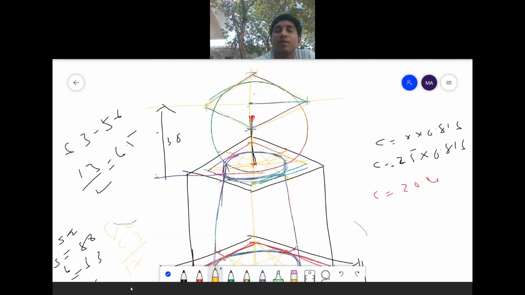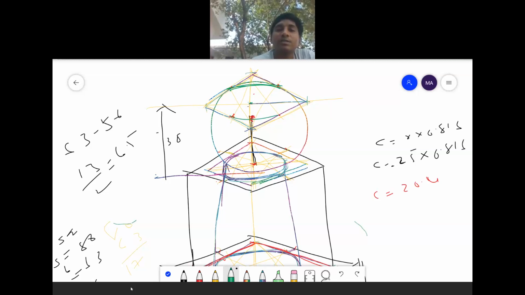Okay, after that, I will mark the center points of this square. Then using the four center method, I will draw one circle. We'll take this as center, this as the radius, and I will draw one arc.